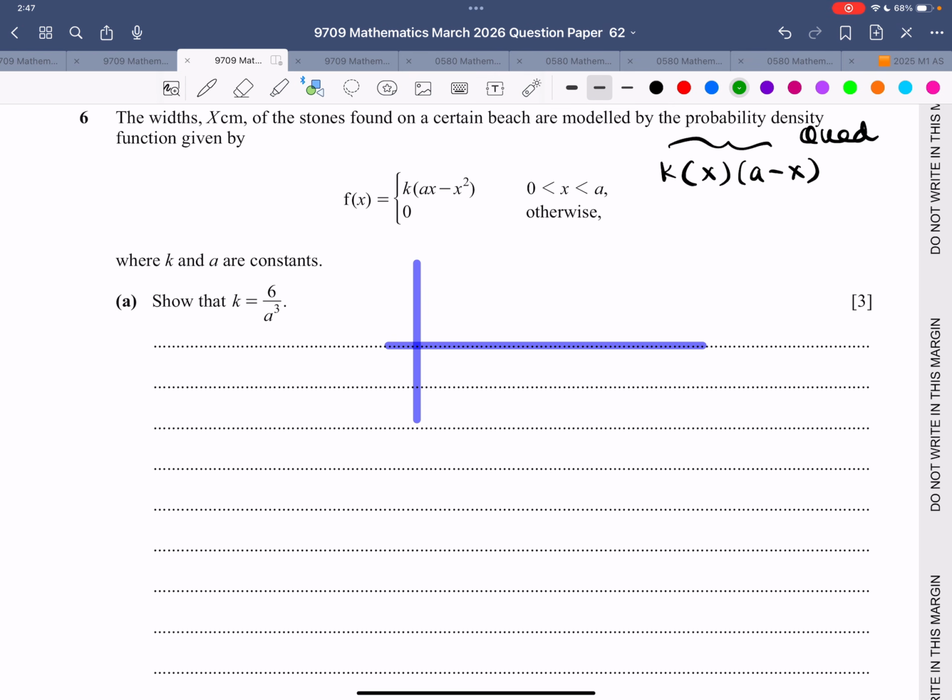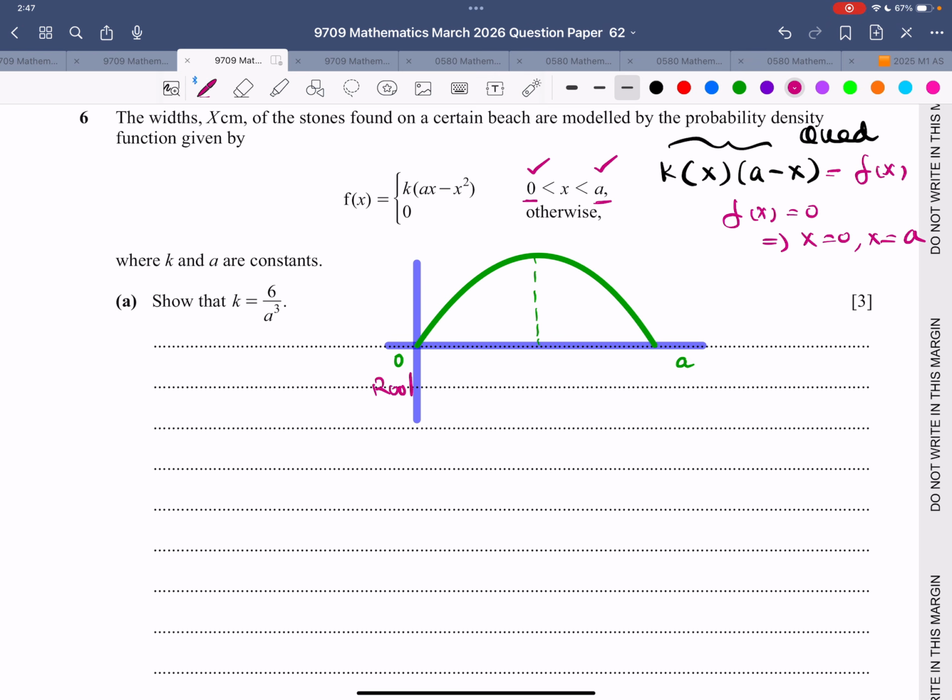Let me draw it like this, and this is the mid value over here. So this is 0, this is a, drawn between the roots. These two are the roots, because if f(x) equals 0, then x is 0 or x is a.